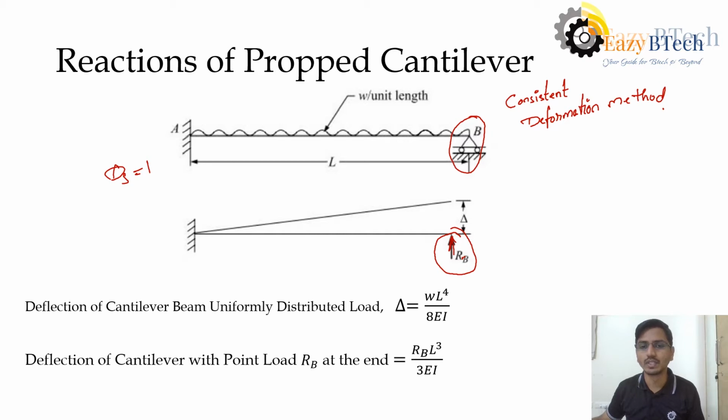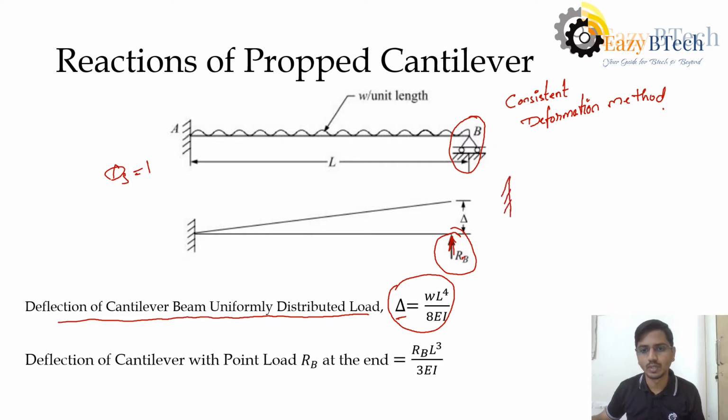So the first step will be, we have to find out what is the deflection occurring due to this UDL. We already have known that the deflection of cantilever beam for the uniformly distributed load is delta equal to WL power 4 by 8EI. Now this is the other case. Let me draw it.